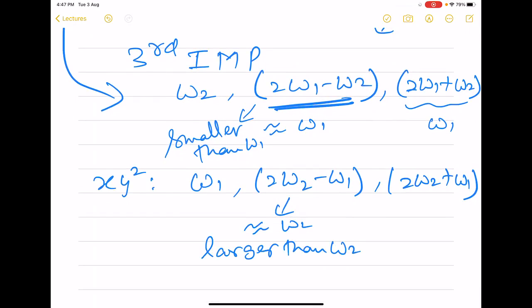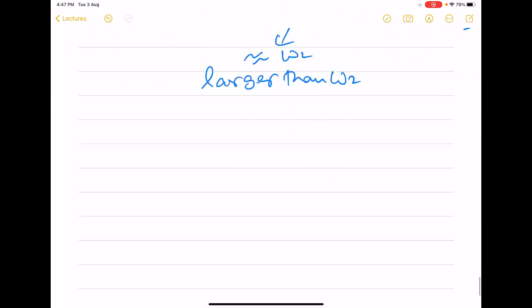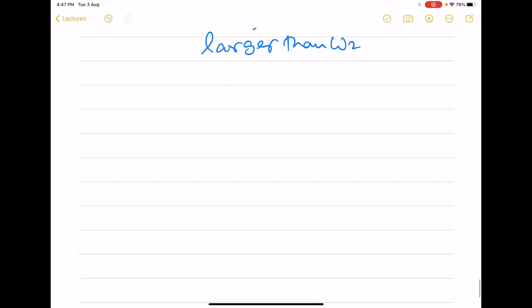So now we have all the frequency components, and let us plot them on the frequency axis to see where each of the components is going to be located, and then try to figure out which of them will be more difficult to handle.